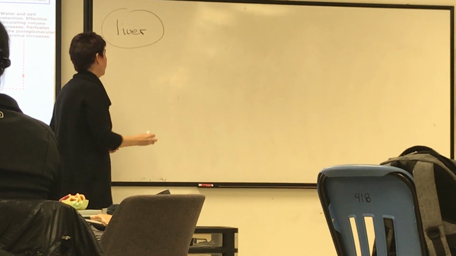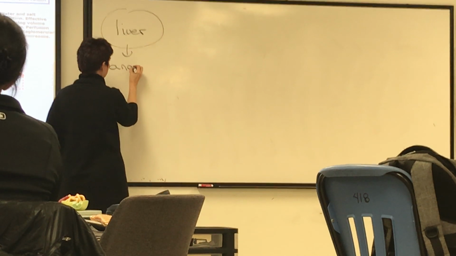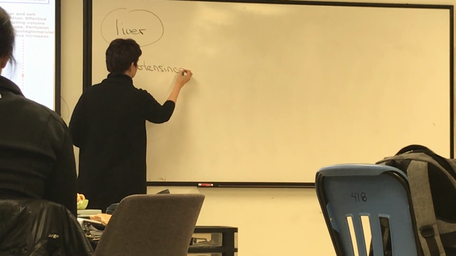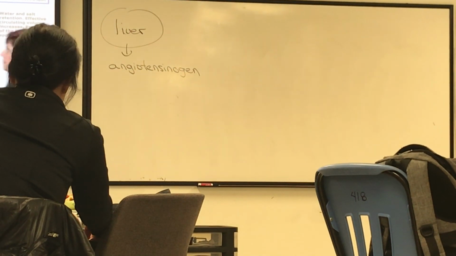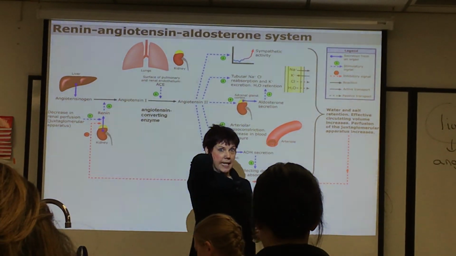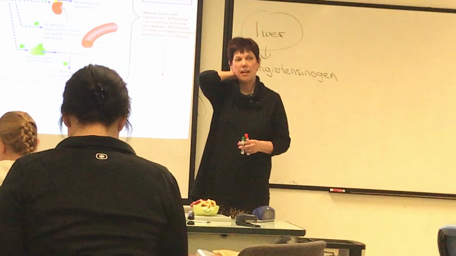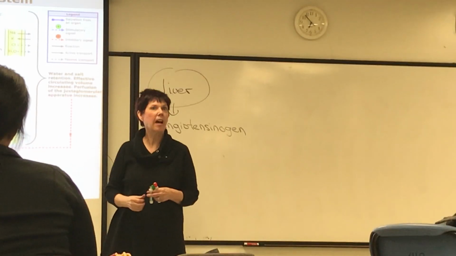the liver makes a protein known as angiotensinogen, okay? Like it makes other clotting proteins. And remember when we were talking about clotting proteins, we went from fibrinogen to fibrin, and an enzyme caused that to occur.